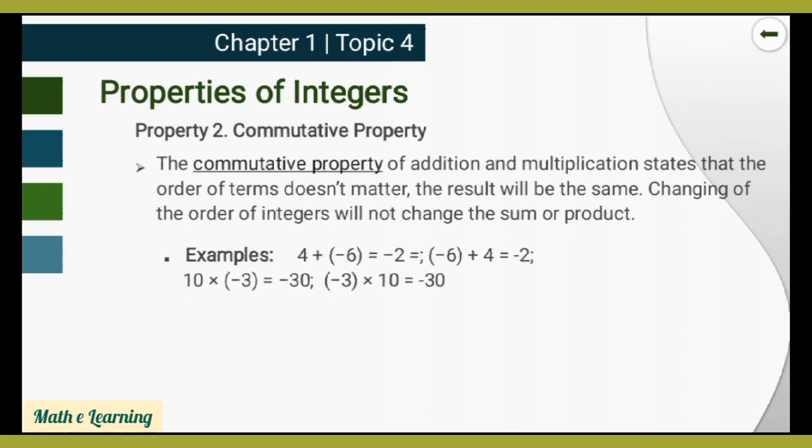Next example is of multiplication, and 10 multiplied by minus 3 is equal to minus 30. And now we change the order of these integers. We take minus 3 in first position, and then we write 10. And by doing multiplication, we get the same answer. That means if we change the order of these numbers in multiplication, the result will be the same.